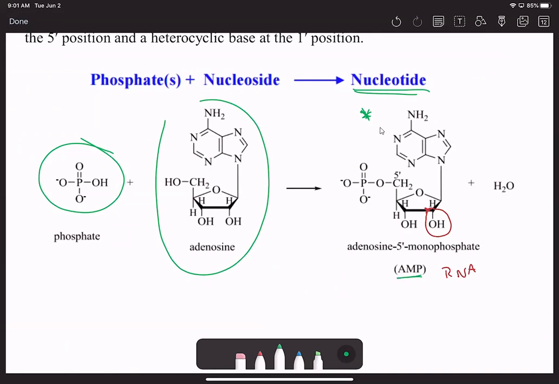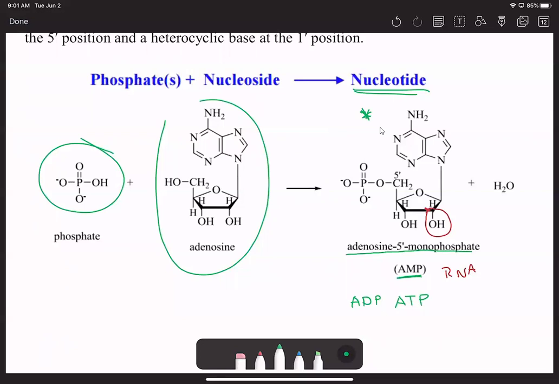AMP. Some of you, I just kind of mentioned this. You're not going to be tested on it, but I just kind of mentioned this during this part of the lecture. For those of you that have taken biology, you already know. I'm sure some of you might have heard the term ADP or even ATP. So this is adenosine 5 monophosphate, AMP.